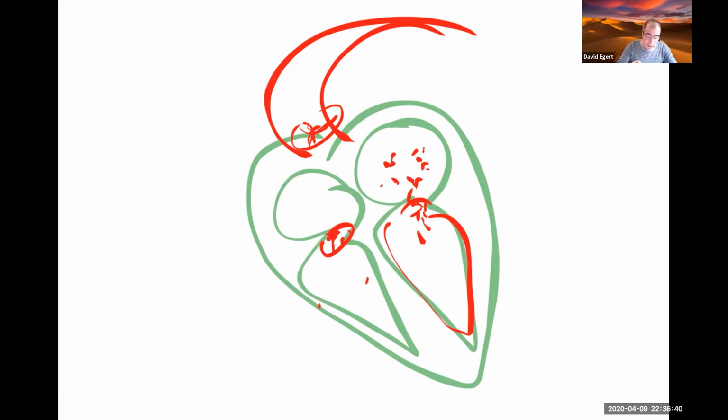So when the heart is relaxing and you've got all this diastolic pressure here, you can have blood starting to smoosh back into the heart through the semilunar valve. So you can get heart murmurs either from semilunar or atrioventricular valves, but that's typically what they are.